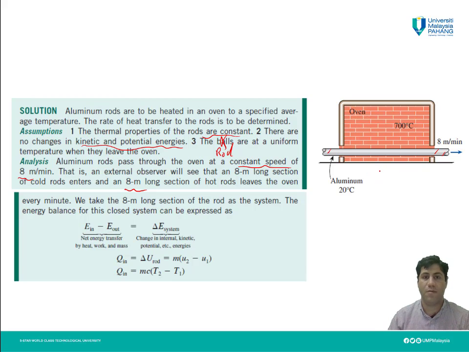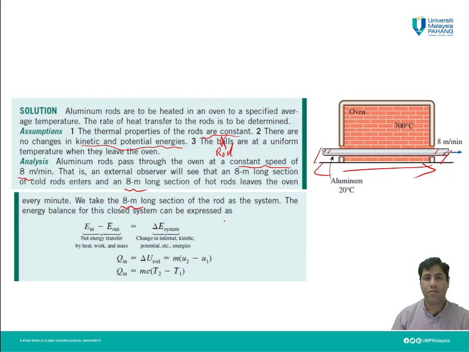In other words, we can imagine we have a fixed rod in an oven for 1 minute. Then we take this 8-meter long section of the rod as our system.